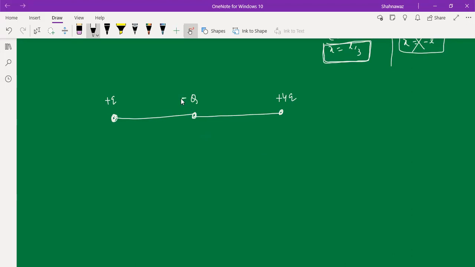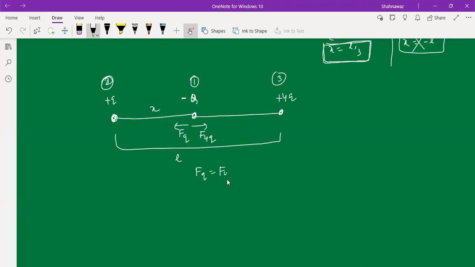If you put minus Q charge, the force at this point due to this charge is in this direction. This is FQ, and for this charge, 4Q, the total distance is L, and this is X. So for this first part to be in equilibrium, your FQ is F4Q.